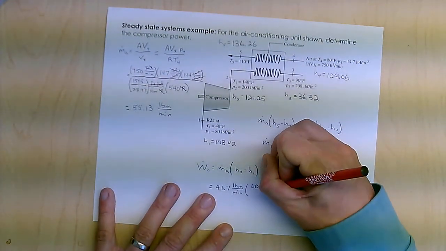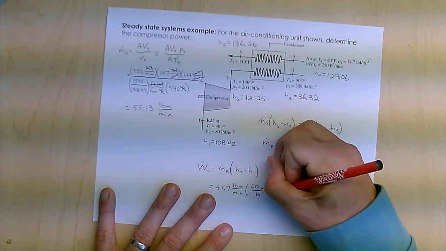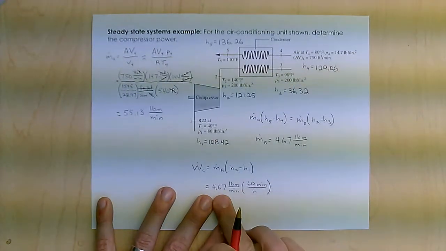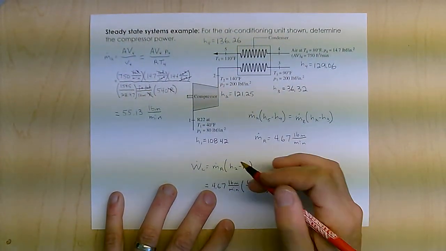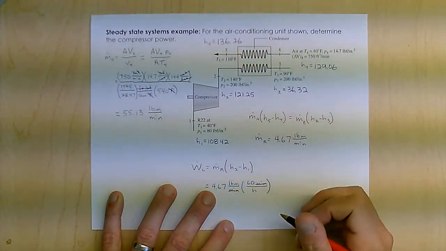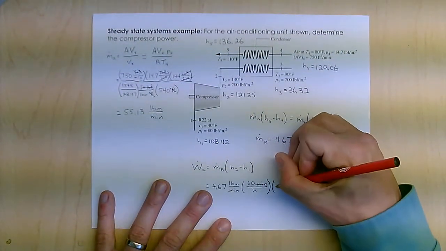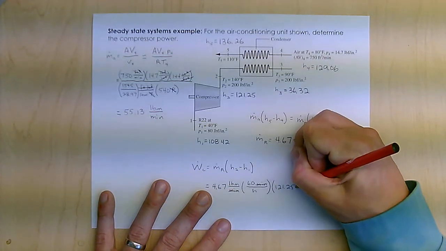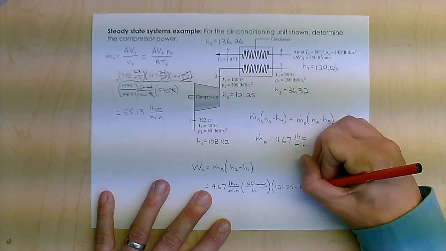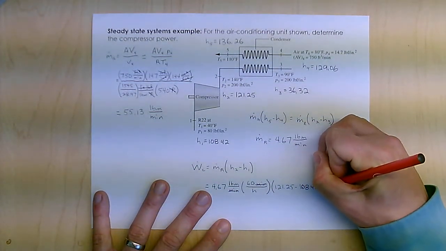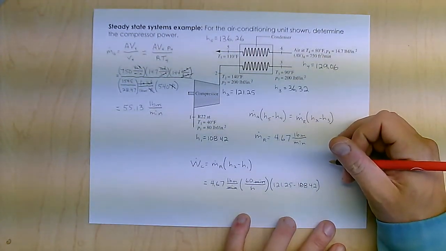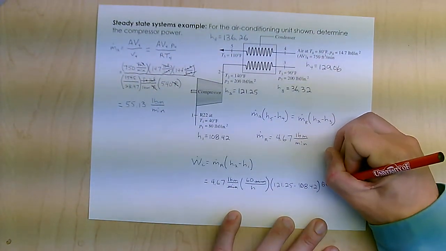Okay, 60 minutes in an hour. I thought I was going to seconds here in my notes. Okay, so anyway, 60 minutes, and I have pounds per hour times H2 minus H1, which is 121.25 minus 108.42. And again, that is BTUs per pound.